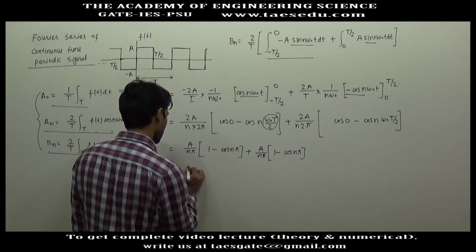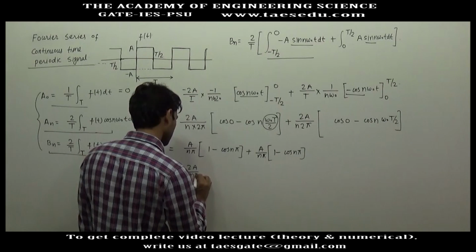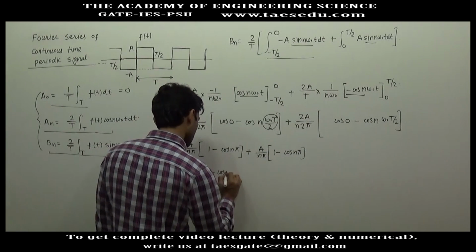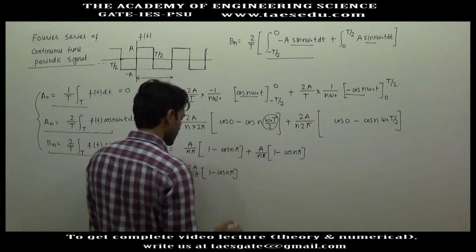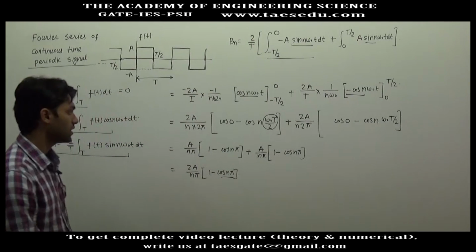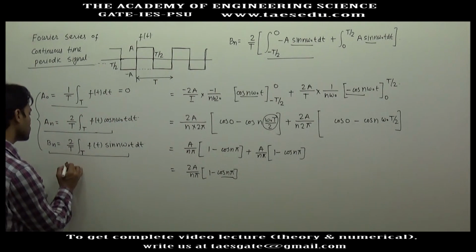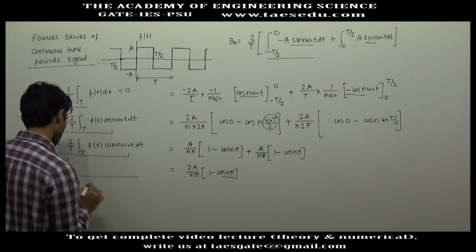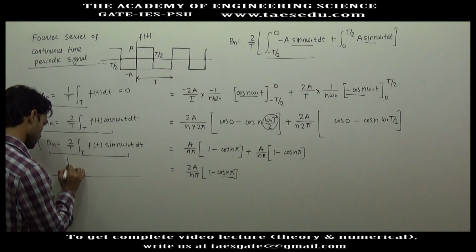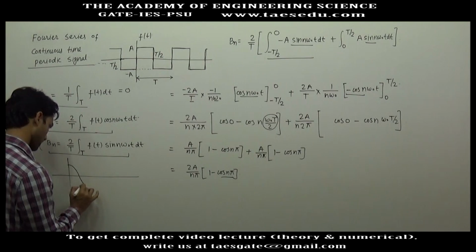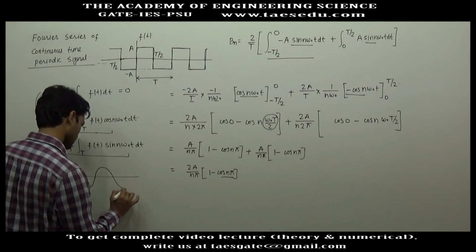So basically you have 2A divided by n pi into 1 minus cos n pi. And what is the value of cos n pi if n is an integer? If you draw the graph of cos theta, the graph will be like this.